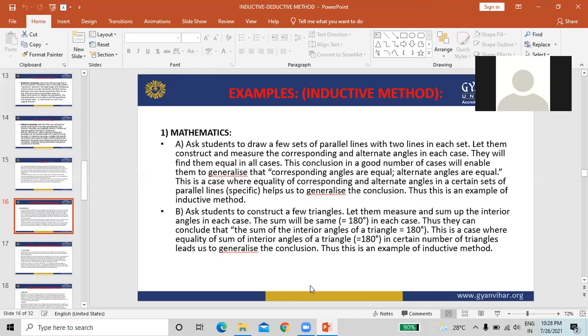The conclusion in a good number of cases will enable them to generalize that corresponding angles are equal, alternate angles are equal. This is a case where equality of corresponding and alternate angles in a certain set of parallel lines helps us to generalize the conclusion. Thus, this is an example of the inductive method.